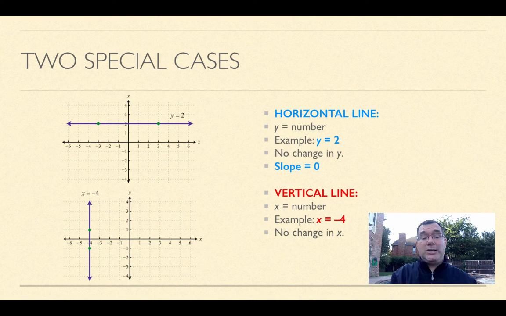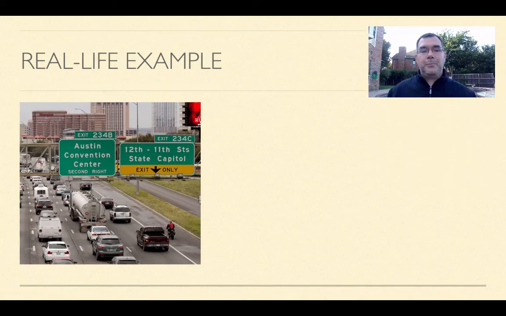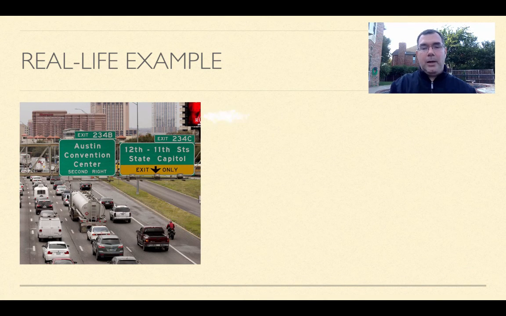There's no change in x at all between any points on that vertical line, and since y can change however much you want, and there's 0 change in x, I've got a number over 0 as my slope, and you can't have a number over 0, so that slope is considered to be undefined.